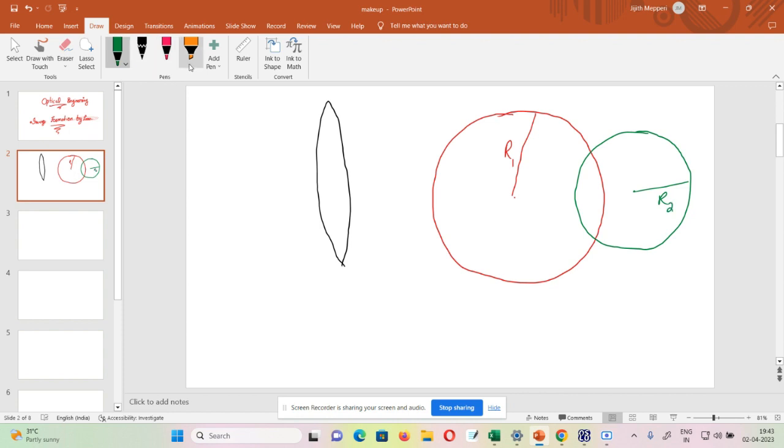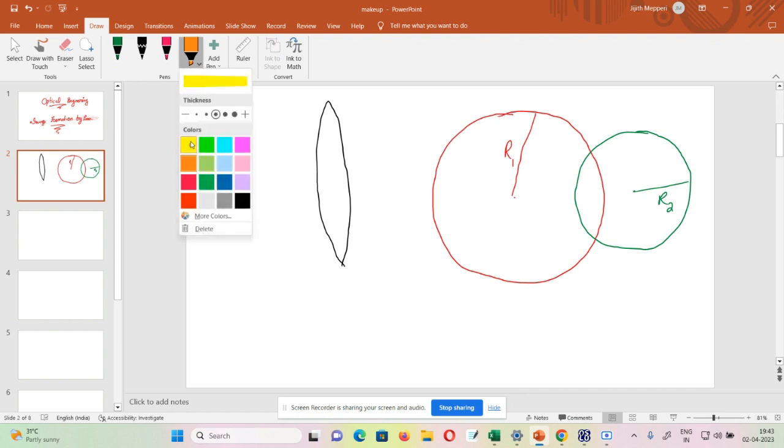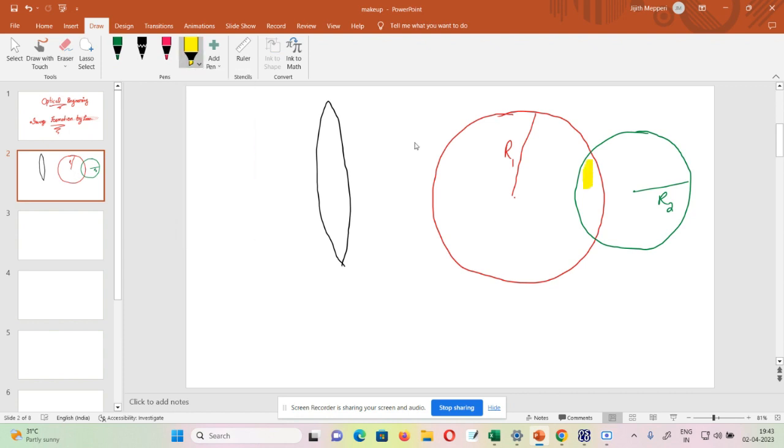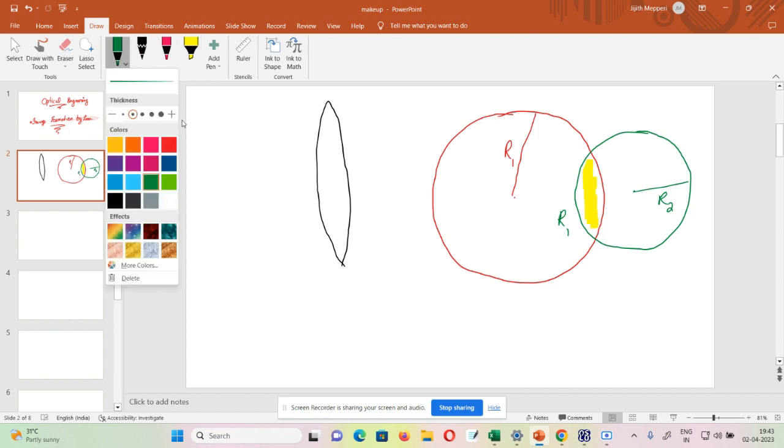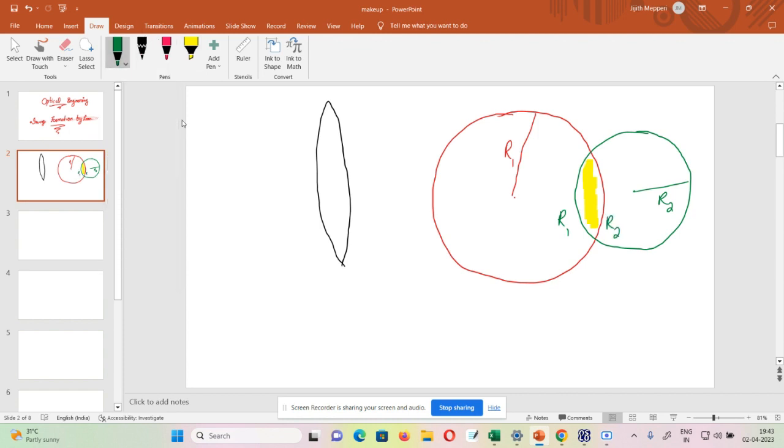Now you can see that the intersecting region is enclosing two surfaces, where one surface has a radius of curvature R1 and the other surface has a radius of curvature R2.